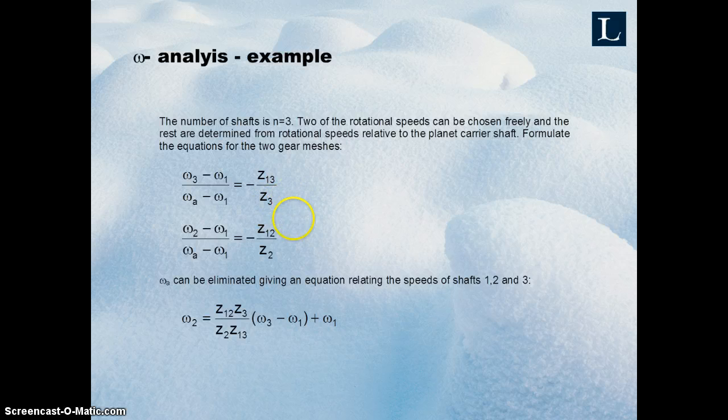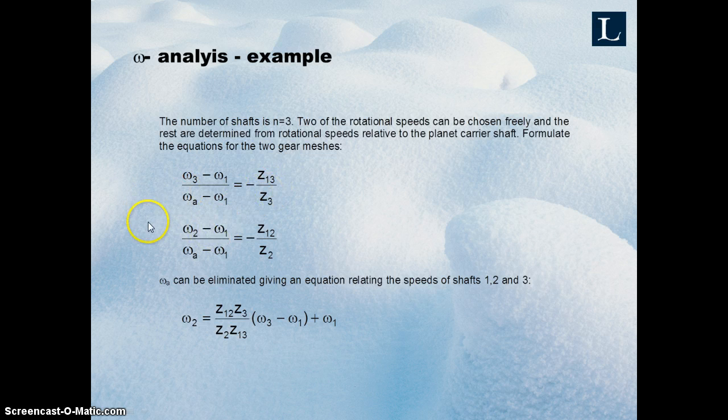You can also see, as a kind of little rule, that if we have the index 3 here, we should always have the index 3 here, and vice versa. For the planet wheel we have the index A, and then we have the planet gear wheel here, index 13.